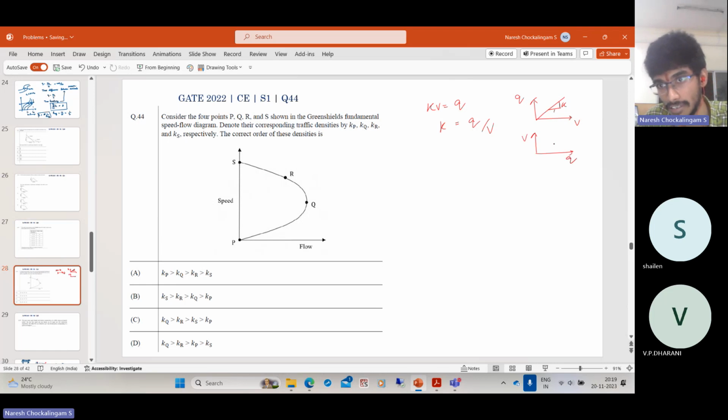So the reciprocal of the slope is density. So it is like 1 by k. Now what should we do? It is very simple. So what is the slope at the point P? It is kind of 0. Let's consider the next case.